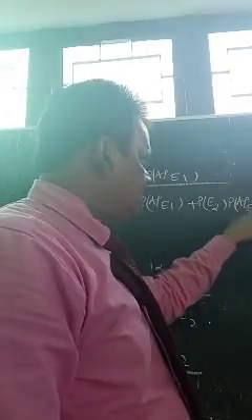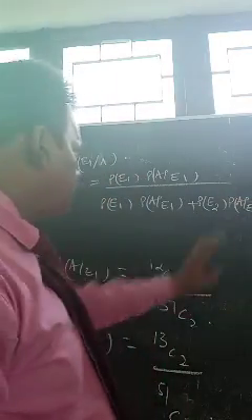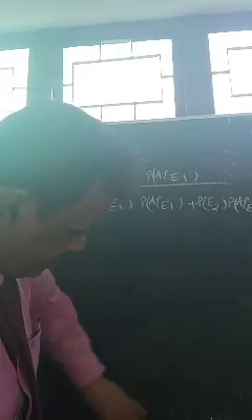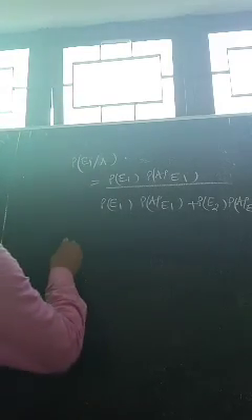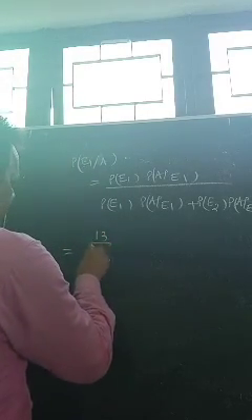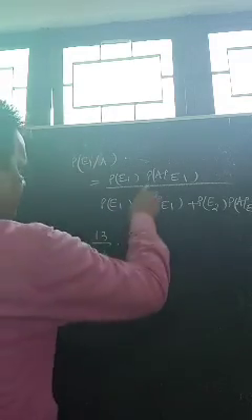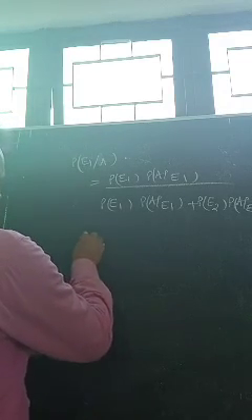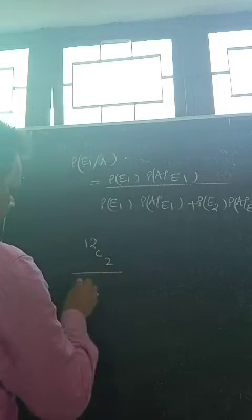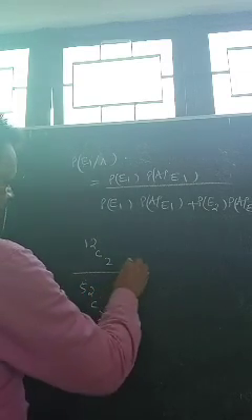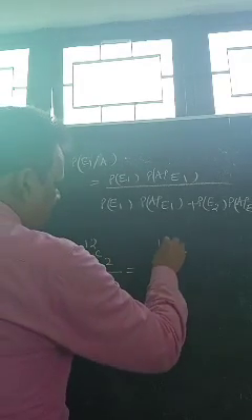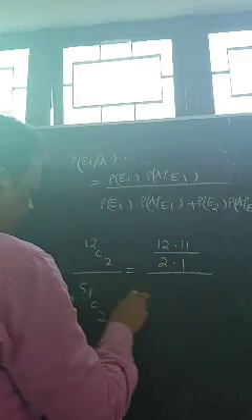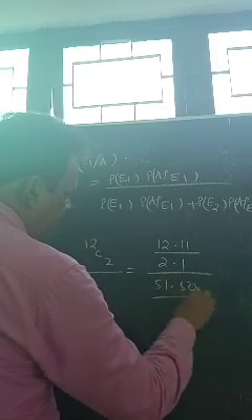I hope it is not visible, still you can guess it. Okay, for the values, what will you get? This is 13 by 52. Let me calculate here. What is 12C2 by 51C2? Combination formula: 12 into 11 by 2 into 1, divided by 51 into 50 by 2 into 1.